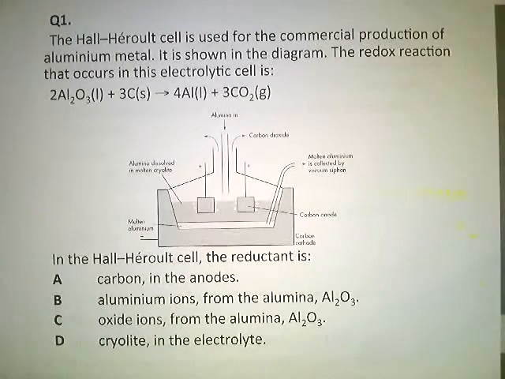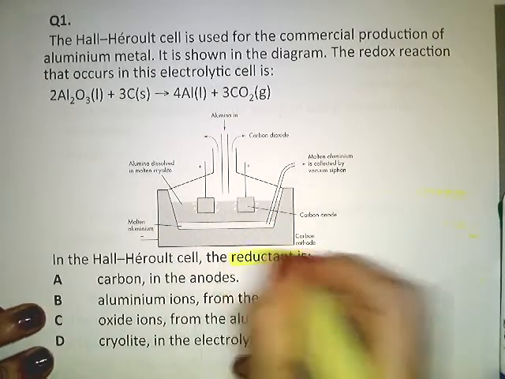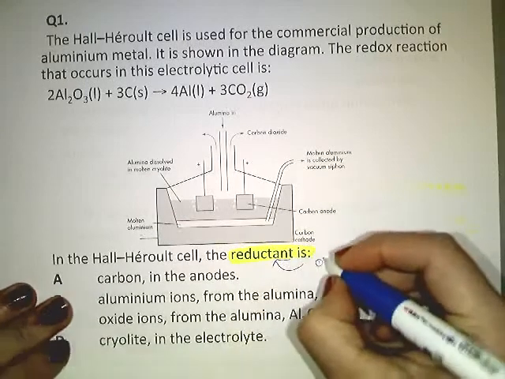This type of question might look a little bit difficult when you first look at it because it's got all sorts of things happening. But it's actually quite easy because you have a look and it's asking for the reductant. That is the species that is oxidized.